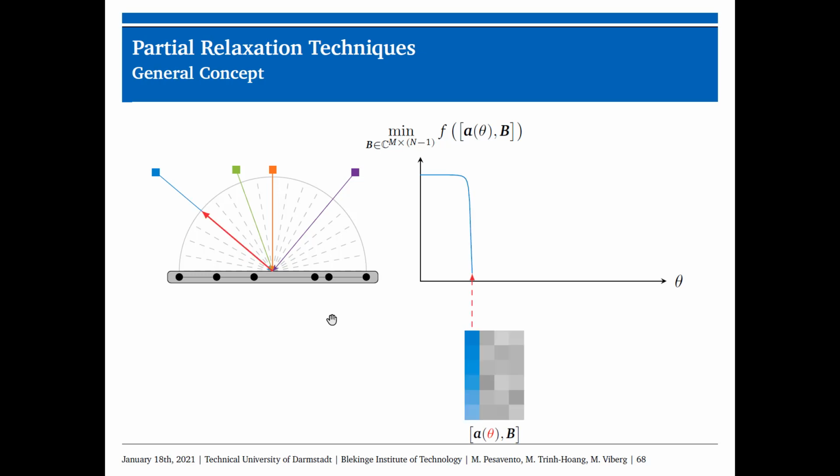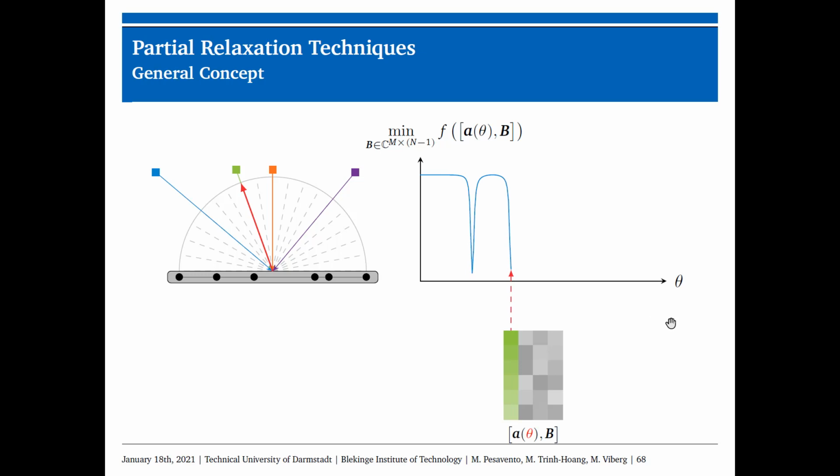Now we move to the next candidate direction, which corresponds to one of the true DOAs. Then the minimum of the inner optimization problem is much smaller than for the previous candidate direction. This phenomenon occurs again when our candidate DOA points to one of the true DOAs.